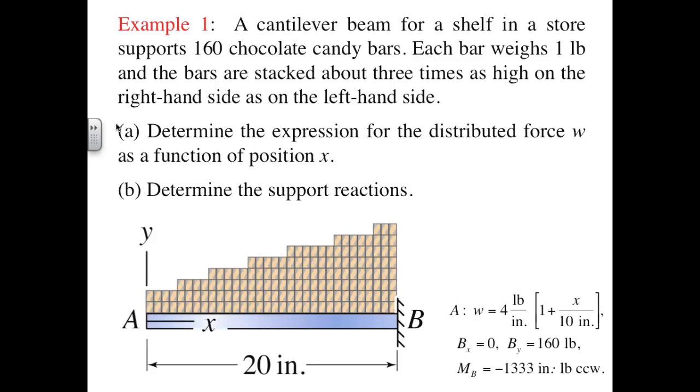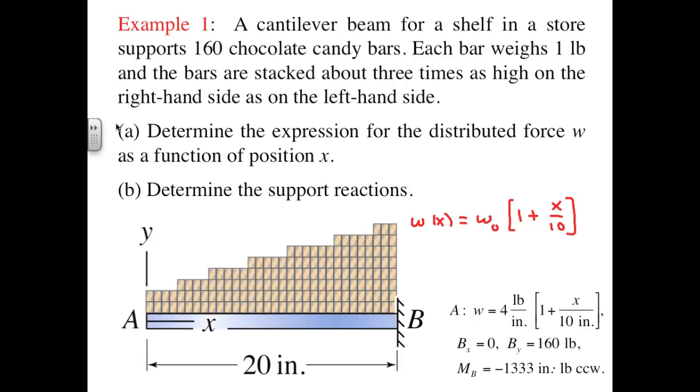We will begin by representing W of x as W of x equals W0, an as yet undetermined value of line load at x equals 0, times the quantity 1 plus x over 10.